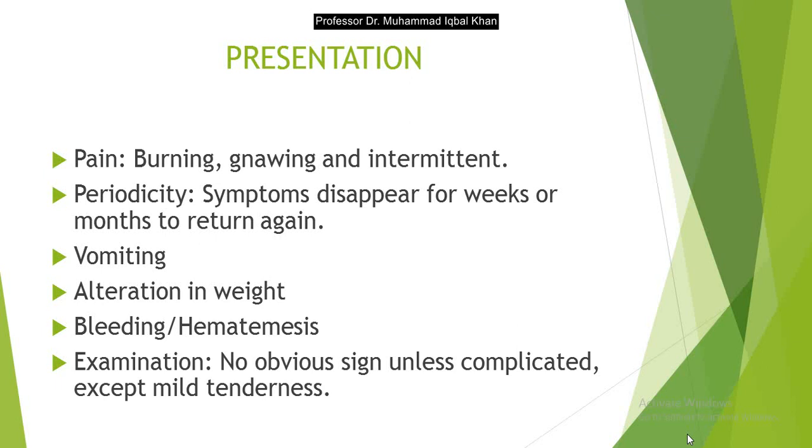However, it is increased by vomiting in duodenal ulcer. As we know, the empty stomach pain is the pain of a duodenal ulcer. However, the pain is relieved by taking a meal. So once vomiting occurs, the pain is relieved in cases of gastric ulcer. However, by vomiting, the pain gets increased in duodenal ulcer.